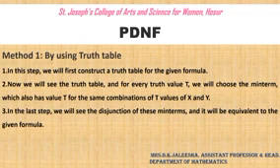By two methods we can find the PDNF values. Method one is using a truth table. In the next video we will go through the PDNF value using equivalence formulas. In this video we are going to see how to find the PDNF using a truth table. In that method, the following steps need to be followed.